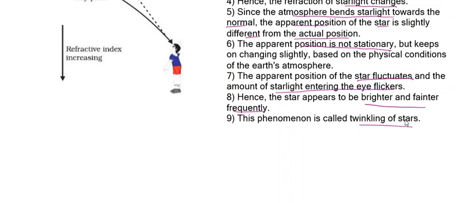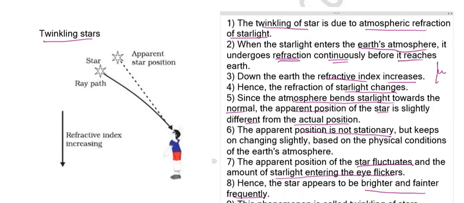So what is the twinkling of stars? It is the appearance of brighter and fainter stars frequently. Sometimes it will be brighter and sometimes it will be fainter, brighter, fainter, and that is the twinkling of a star. So it is due to what? The changes of refraction down towards the Earth. Are you able to understand?